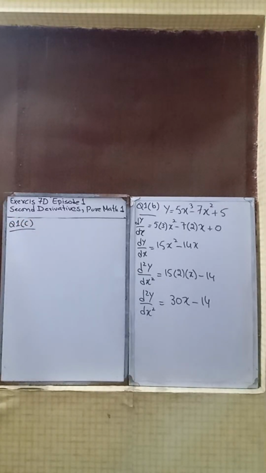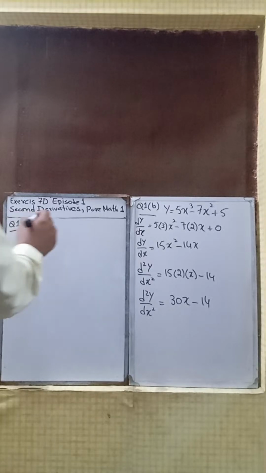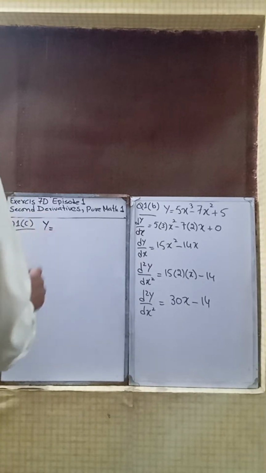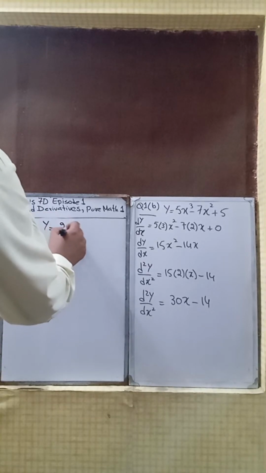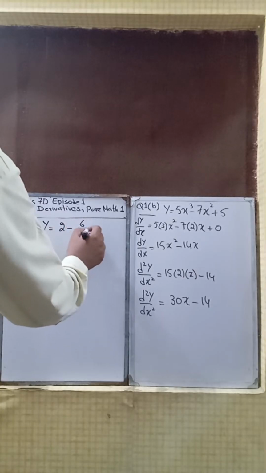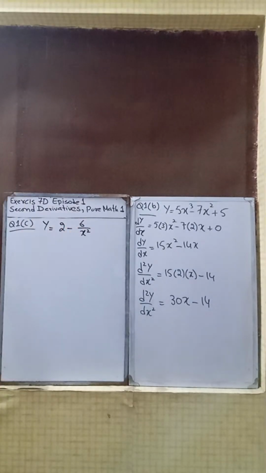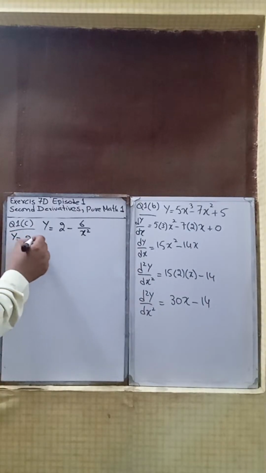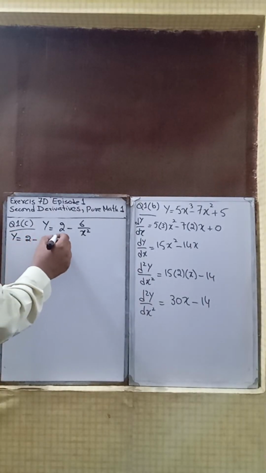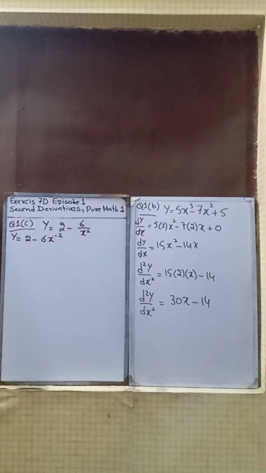Here they have given me an expression, that is y is equal to 2 minus 6 divided by x square. And they want us to find the second derivative. So what we will do, first of all we will simplify this. 2 minus 6, bring this x upstairs, so the power will become minus 2.